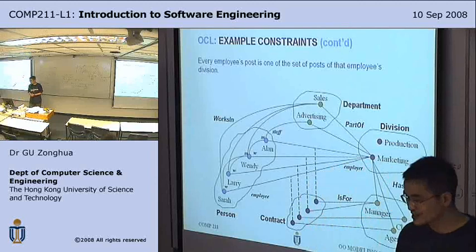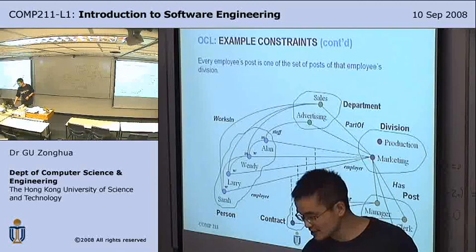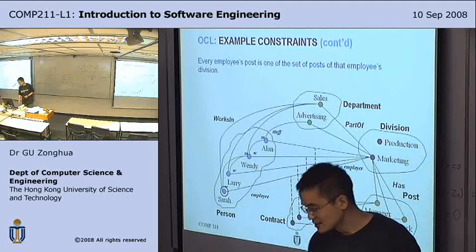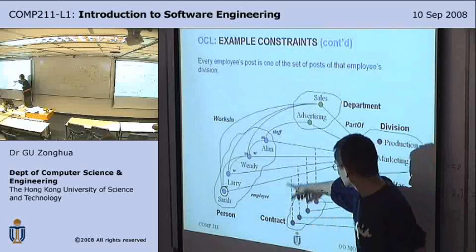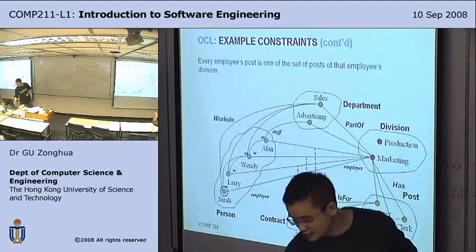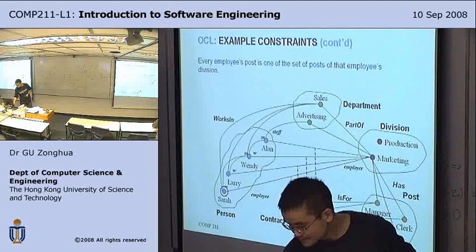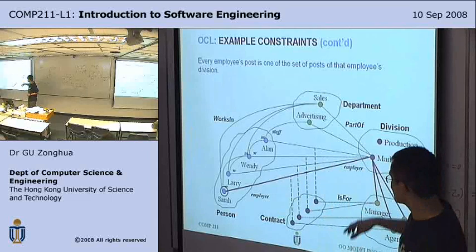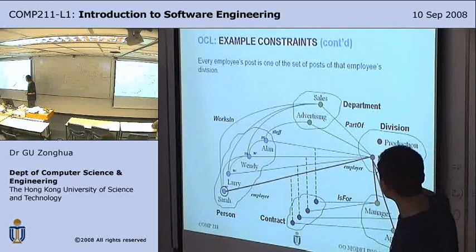So obviously now you should start from an employee, say Sarah, and what's her post? Now you got to navigate twice. First to contract. So let's look at first the latter part of the constraint.